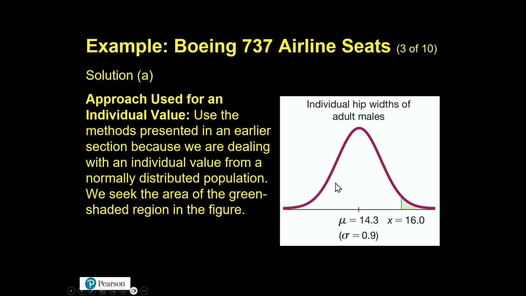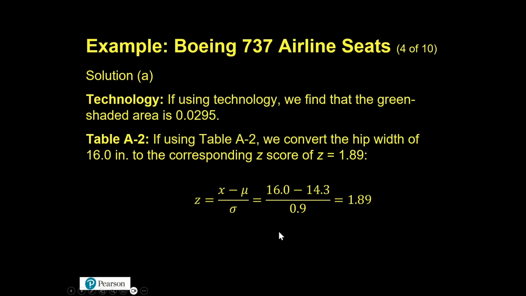So the picture here is x is 16.0, mu is 14.3, sigma is 0.9, and we converted that to a z-score. We used the formula z equals x minus mu over sigma, and that gave us a z-score of 1.89. Since we're using table A2, I'm going to go ahead and erase all this, by the way, just to save some time.